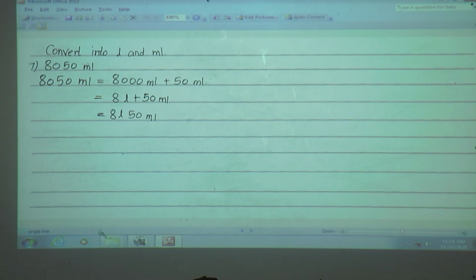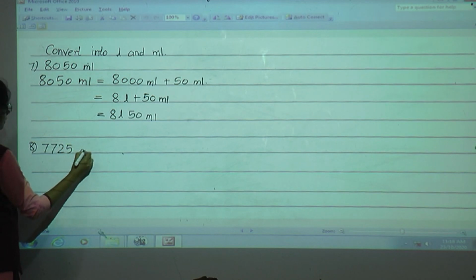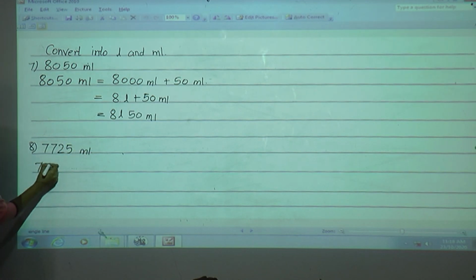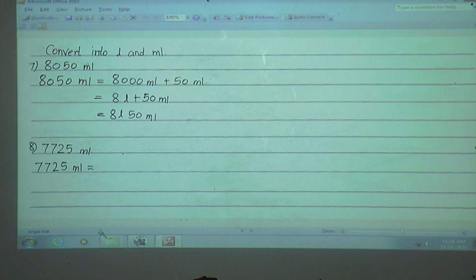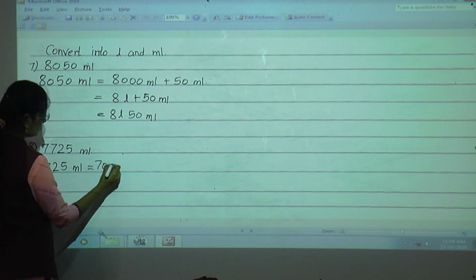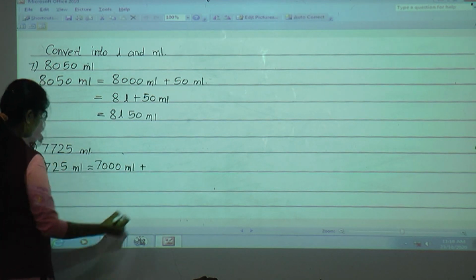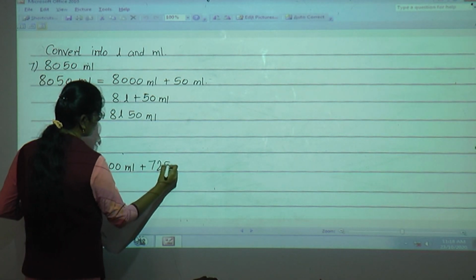Next example, see the 9th one, 7725 milliliter. Yes, step 1, 7725 milliliter is equal to, you have to split up this number, 7000 ml plus 725 milliliter.